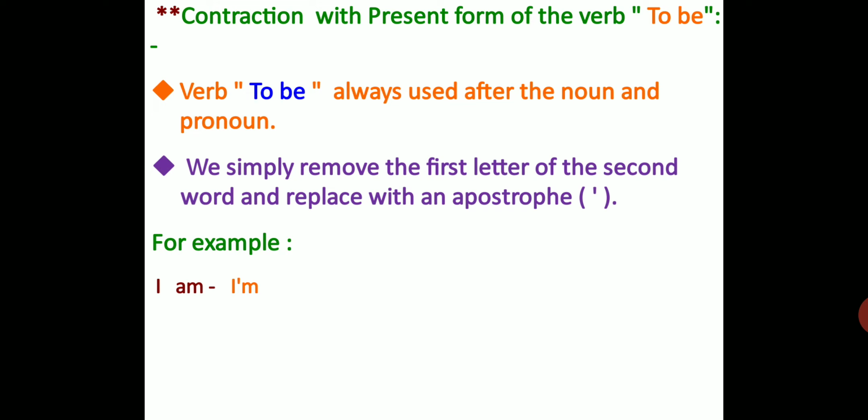When we write them in a contraction form, we use is after he, means he is, she is and it is. So what will be the contraction form of it? He's, she's, it's.